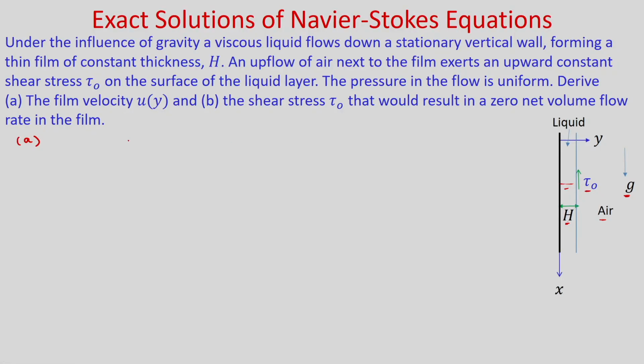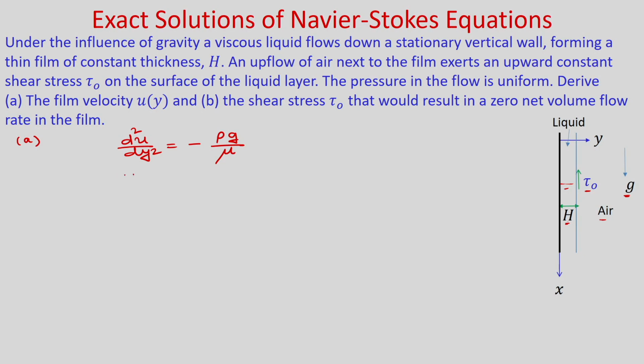Okay. At the fluid layer it will be equal to minus the imposed shear stress from the air side. So, in this particular case it is a balance between the viscous force and the gravity force. So, it will be minus rho g by mu.